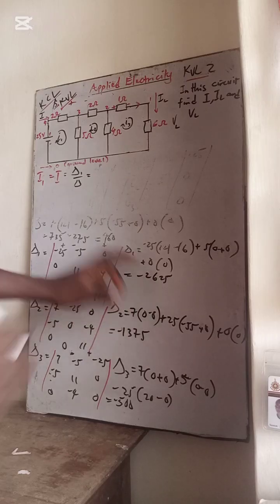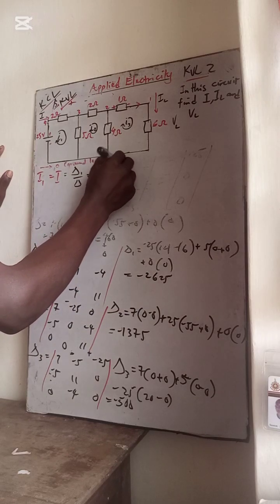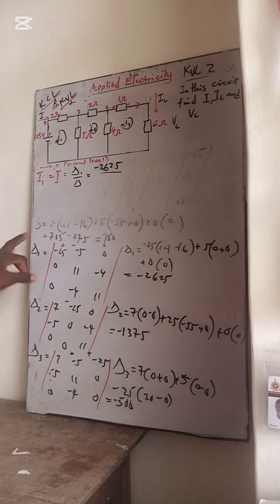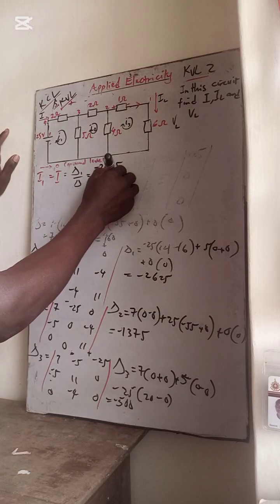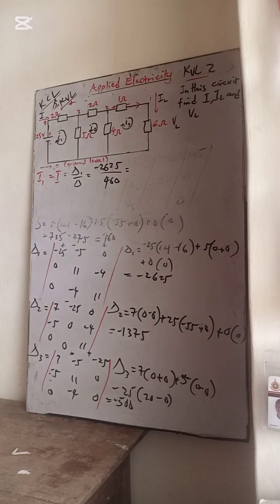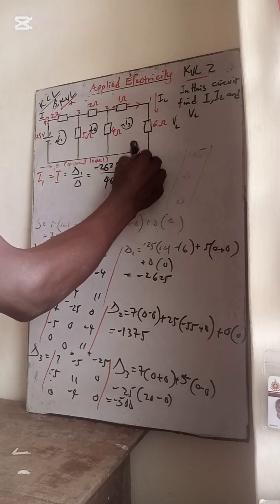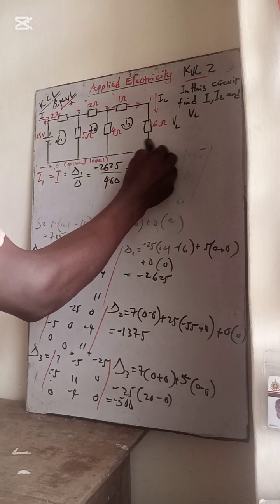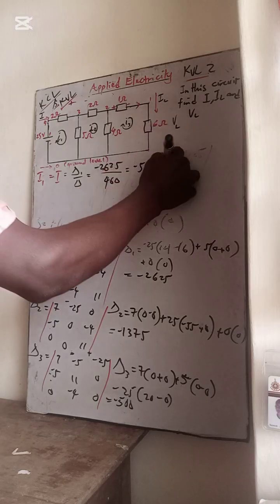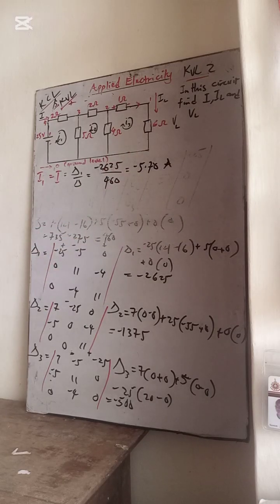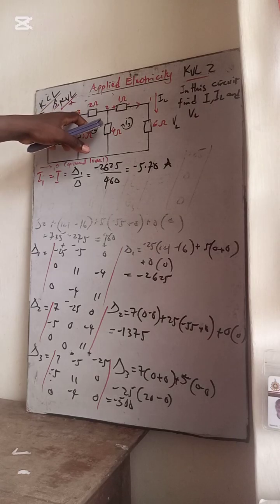Delta 1 is minus 2625 over our delta, which is 460. Let's calculate that: 2625 divided by 460. So that's minus 5.70 ampere.